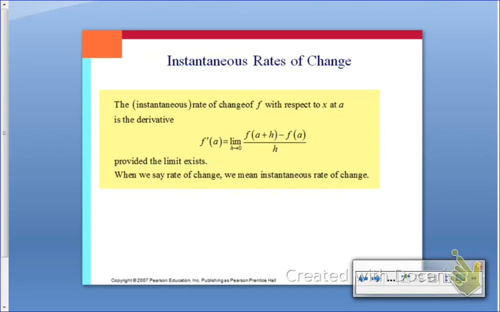So if I were looking at this problem again, I would probably just replace the A with an X. And then it's the same formula that we've been learning. Get the derivative. Once you have the derivative, then find the value for the derivative.